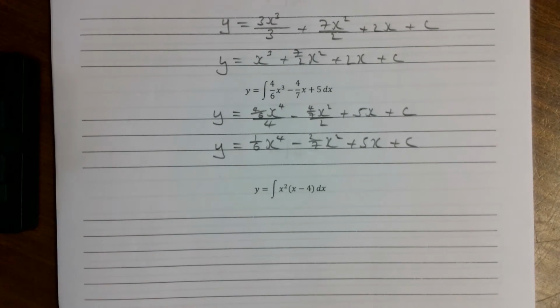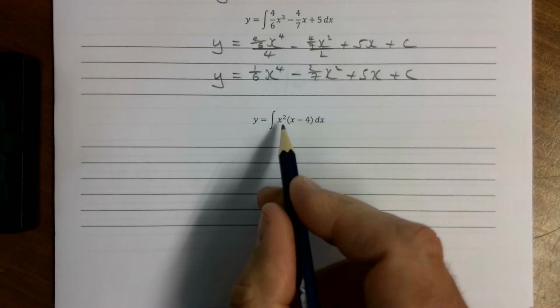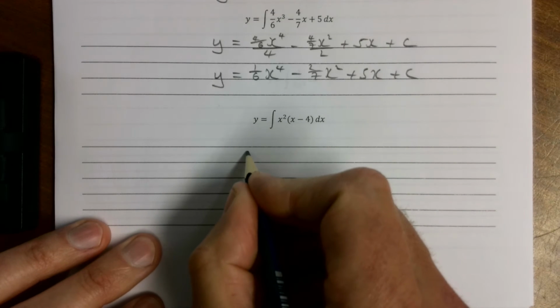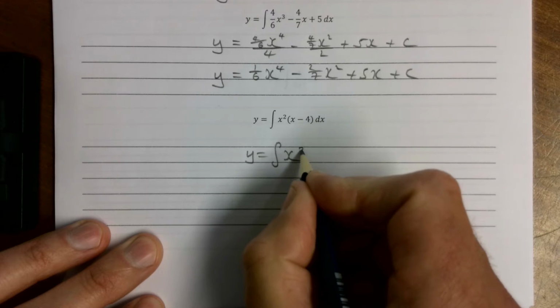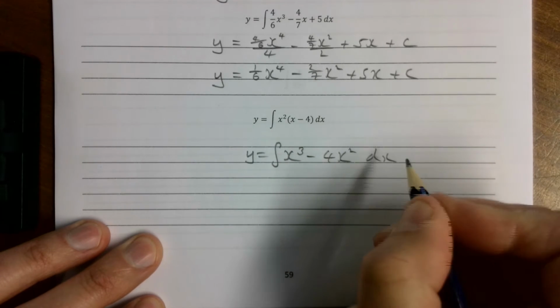Next example, much like our differentiation, we can't integrate until we have it in the form ax to the power of n, so we would need to tidy this up. Now note, I'm not integrating yet, so I still include the integral sign, and it'll be then x cubed minus 4x squared dx.